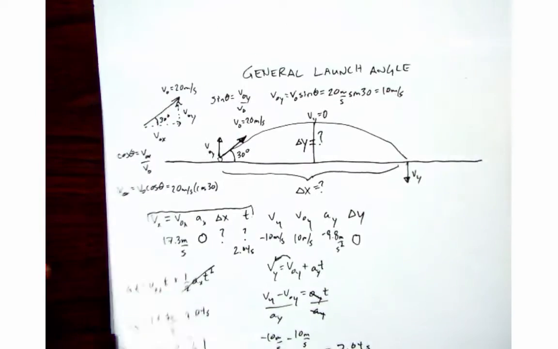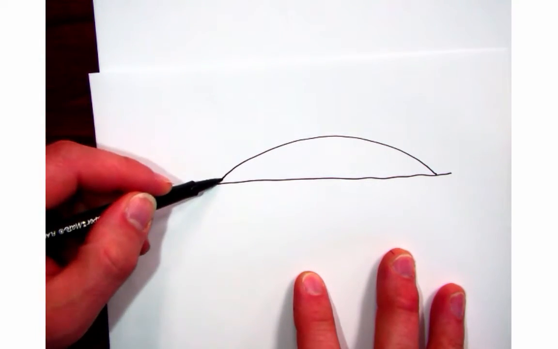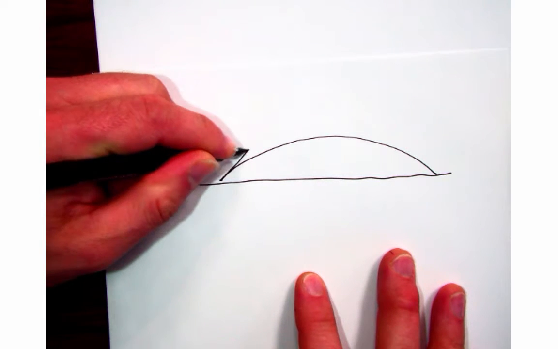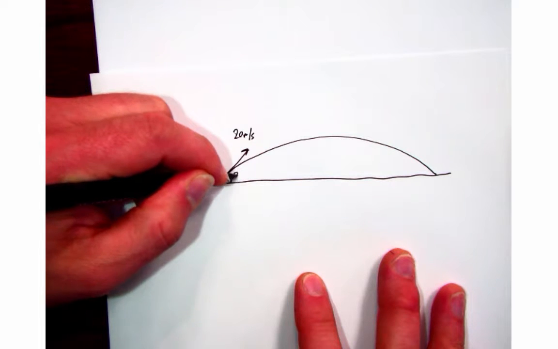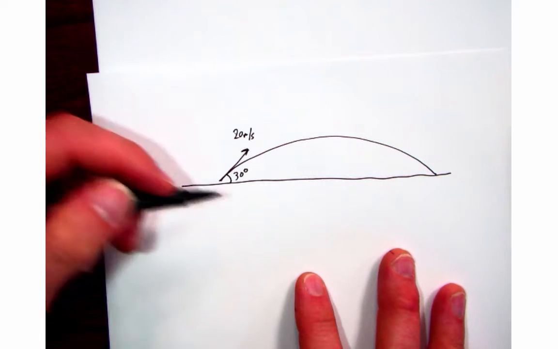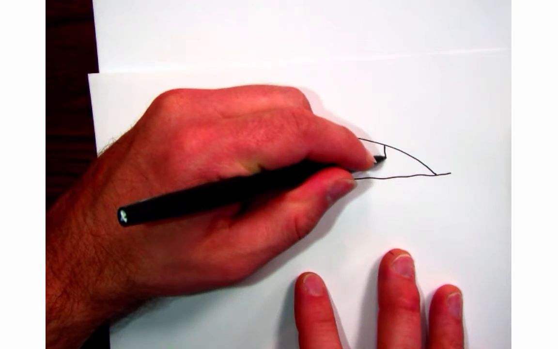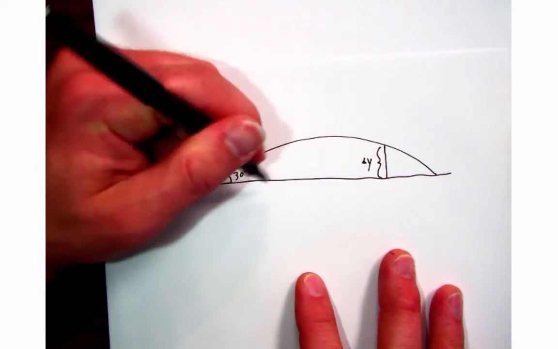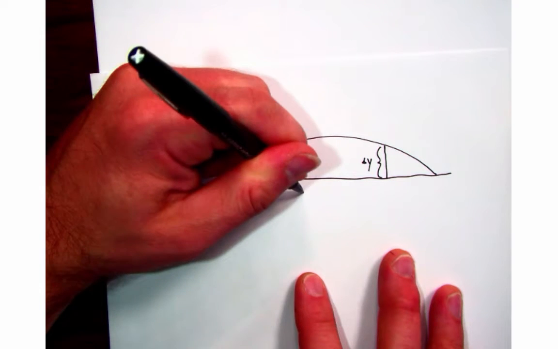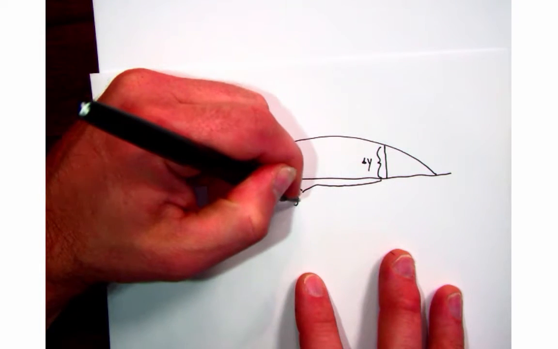Now let me do one more variation of this problem. We'll start with the same information, 20 meters per second, 30 degrees. But this time I want to know, what is delta y when the ball has traveled 30 meters.